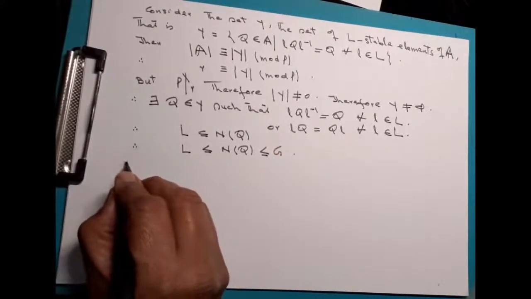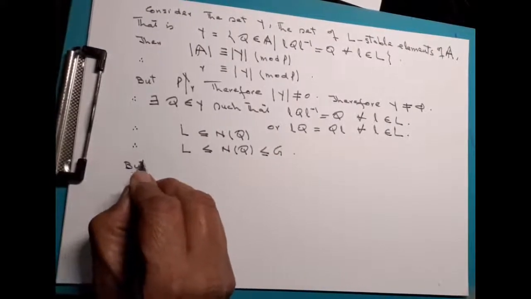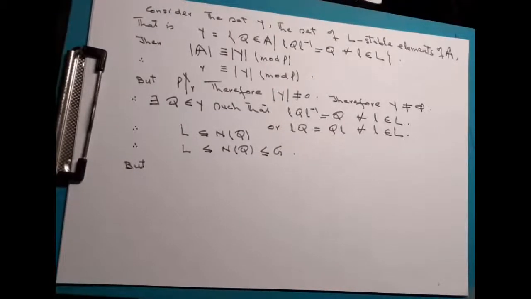But we have already noted that if you are given a group G and a subgroup of this group G, suppose H is a subgroup of G, then H is a normal subgroup of the normalizer of H. You can see it very easily.